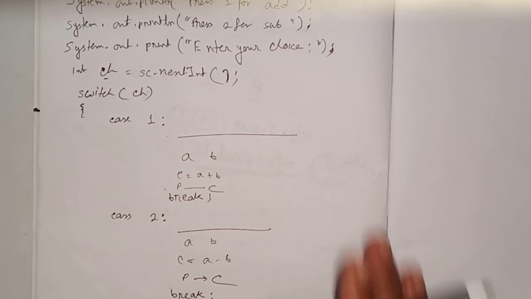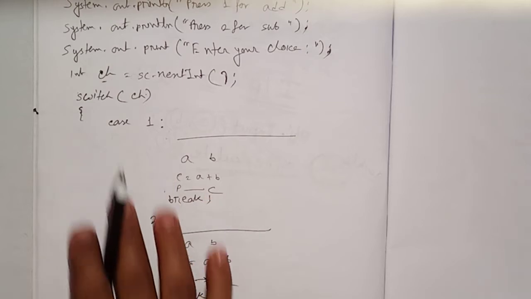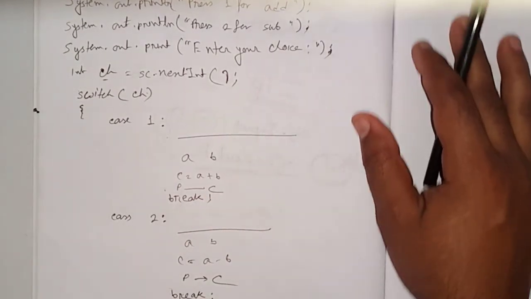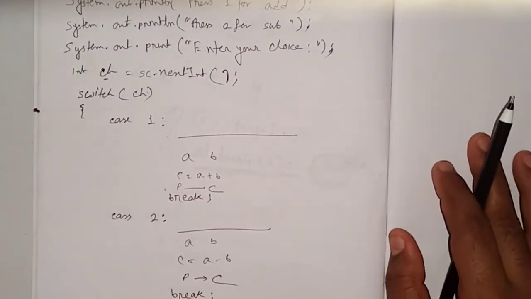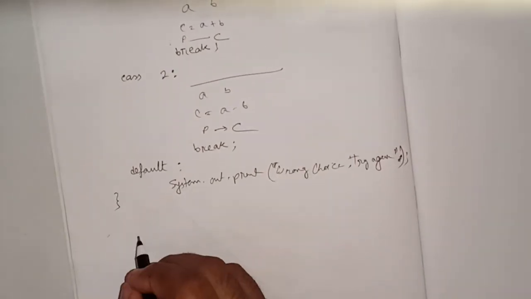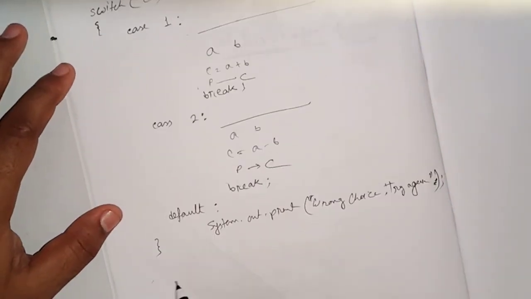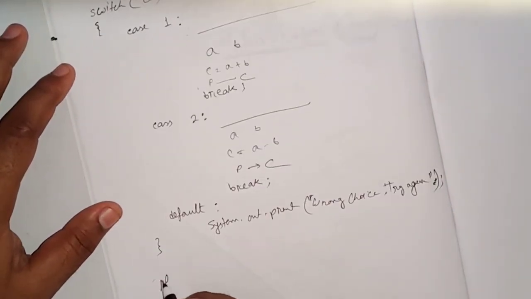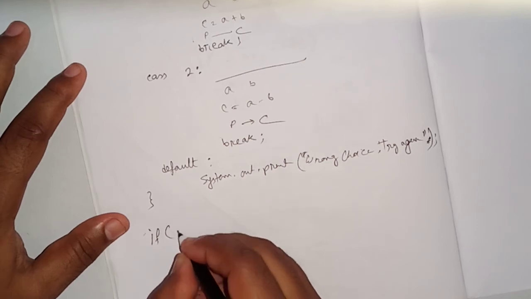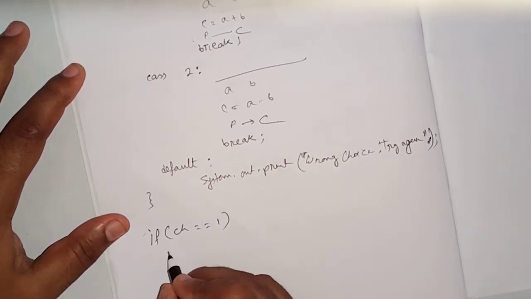I hope it's clear to you. According to switch case, you can solve many programs. Switch case is similar to the if statement. How? Again I'm giving the same message. Now with the if statement we write: if ch is equal to 1, your calculation.